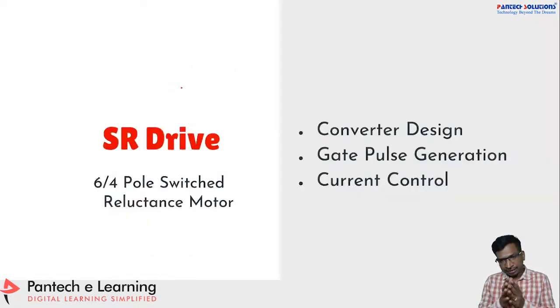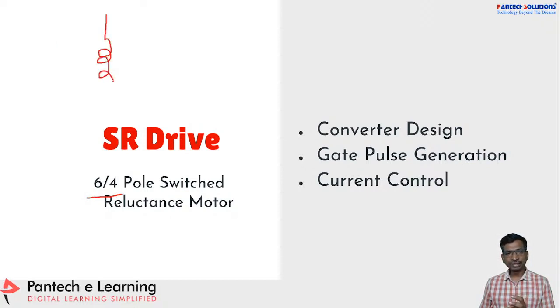Now you have to design a power electronic circuit to switch the motor. If you take an SRM motor, as I already told you, this is a three-phase motor. Generally a 6/4-pole machine will have 3 phases. So the motor will be like this.